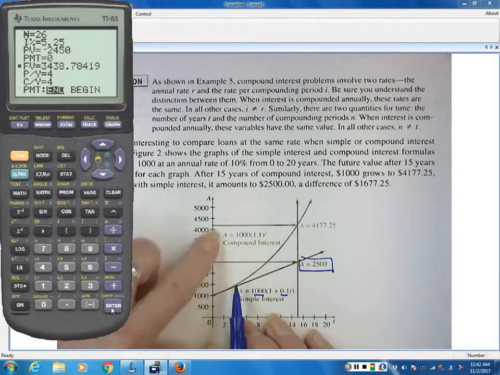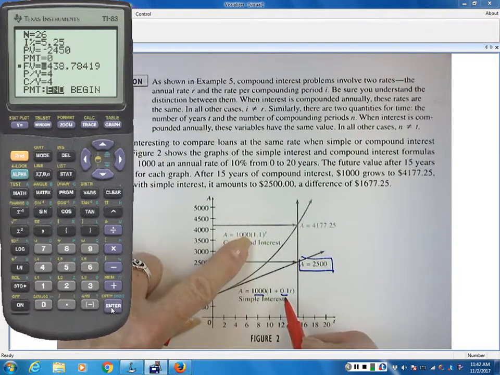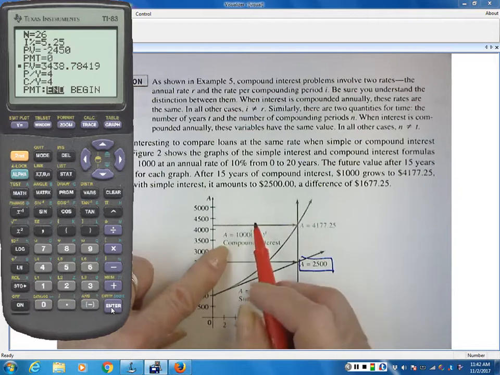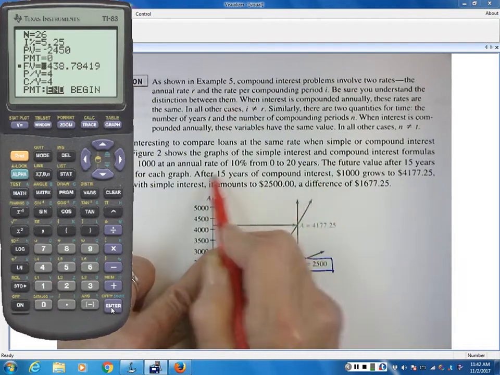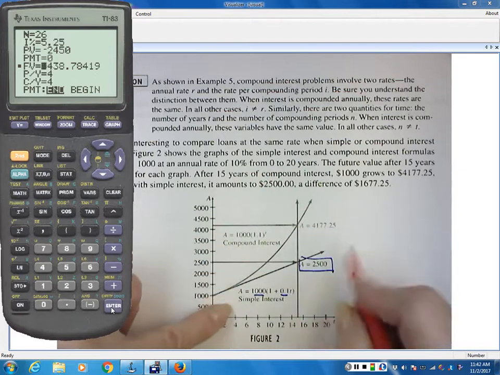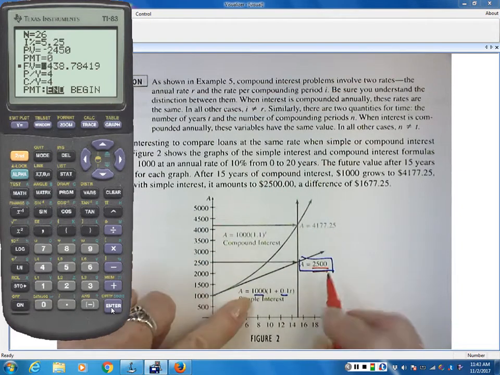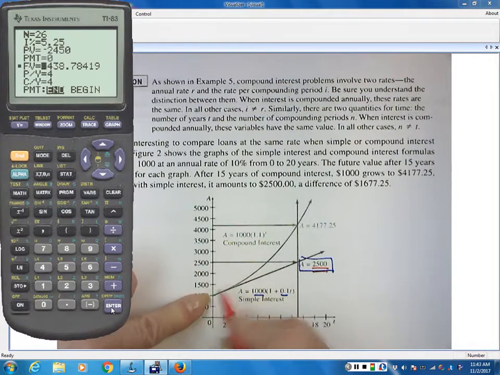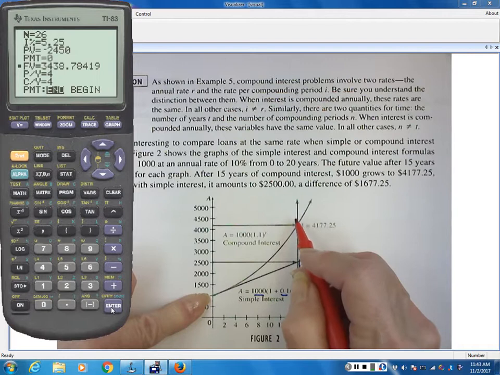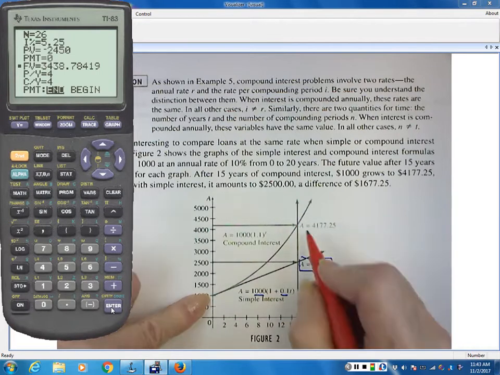But if you had compound interest at the same interest rate, compounded annually, how much would you have at the end of your 25 years?